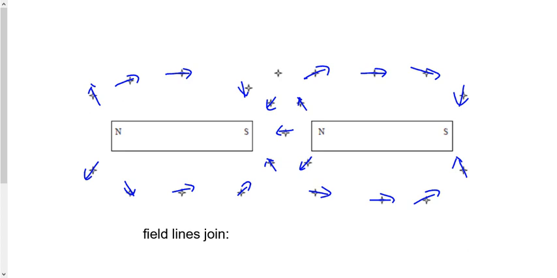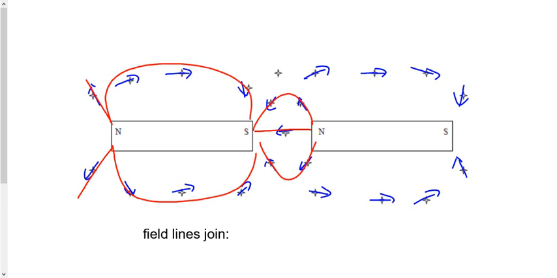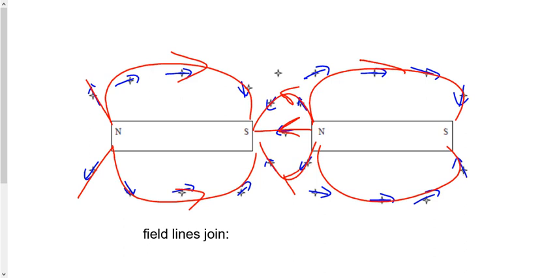Yeah? If we start connecting the dots in this one, okay, once again, we see the field lines going away from the north toward the south. Notice the field lines in between join up.